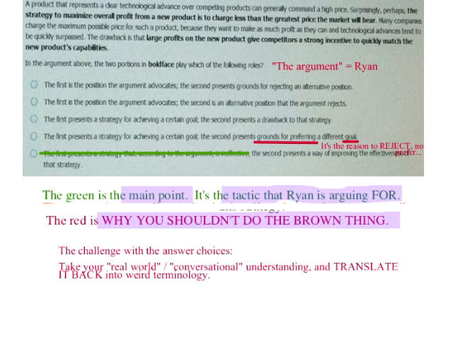So, not that. This one, the problem with C here is, again, it's not that strategy. Make sure you notice the words like that and this and stuff like that. That would mean the one we were just talking about. It's not a drawback to the green thing.